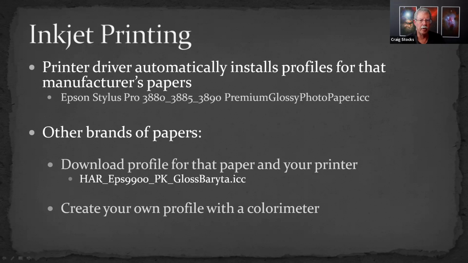If you're using different brands of paper, you can usually go to that manufacturer's website and download profiles specific for that paper and your printer. For instance, the Harman Gloss Baryta paper for an Epson 9900 using Photo Black ink. And you can download that and use it.